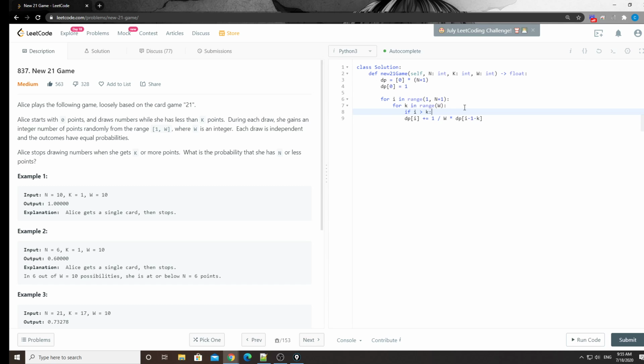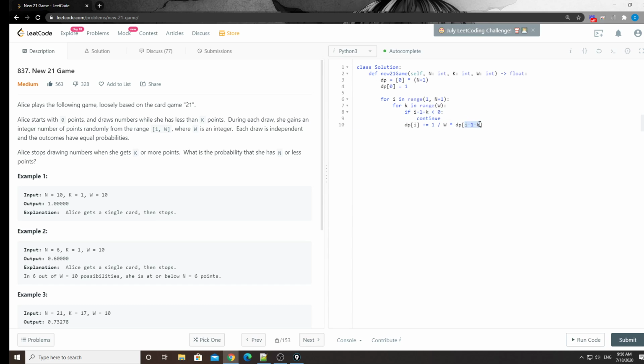Or let's say if smaller. Yeah, let's just do this, it's easier. If this i minus 1 minus k is smaller than 0, then we simply continue. How about that? It's easier to understand.